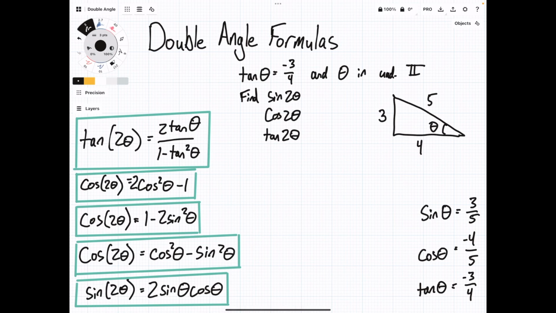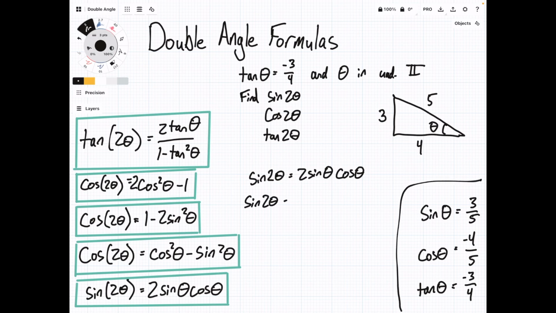Okay, so now we can start working through the things that we need to find. So sine of 2 theta, using our equation on the left here, is equal to 2 sine theta times cosine theta. And then we're just going to plug in our values from down here.